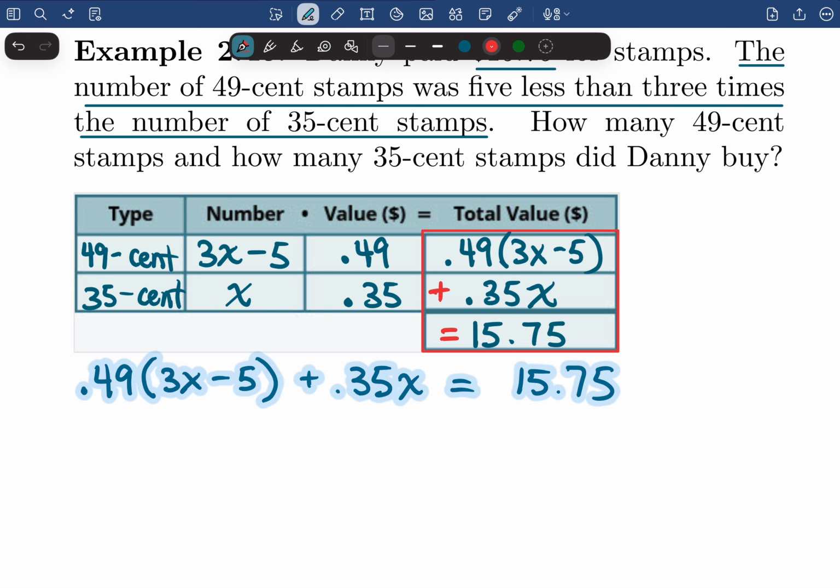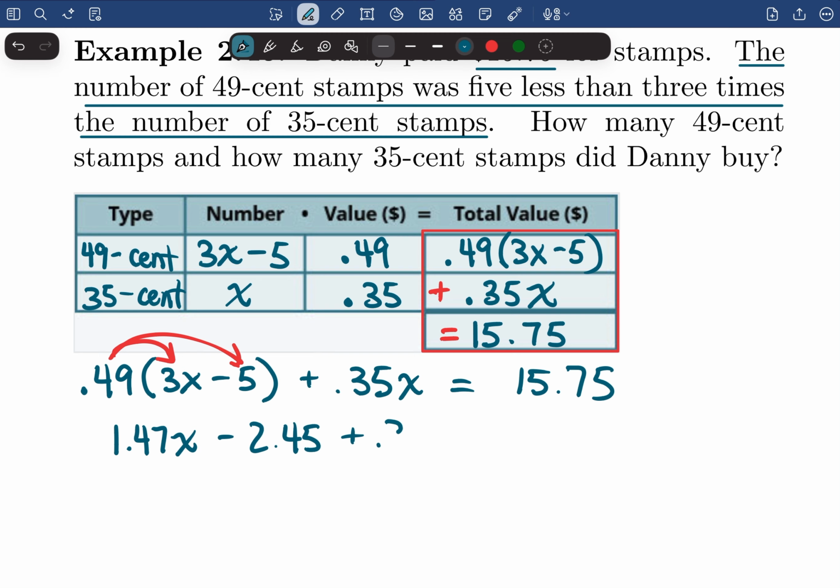Well, let's solve this equation. We're using some algebra skills. We're distributing first. 0.49 times 3x gives me 1.47x. And then 0.49 times negative 5 gives me negative 2.45. Now I have the addition of the 0.35x, and that equals 15.75 still. There are like terms that we can combine together, and we want to move the constants all to one side.